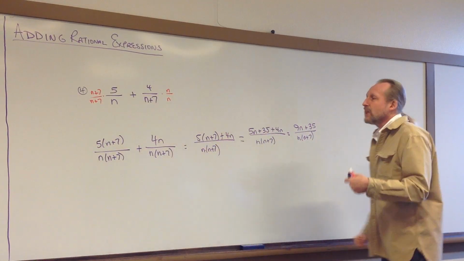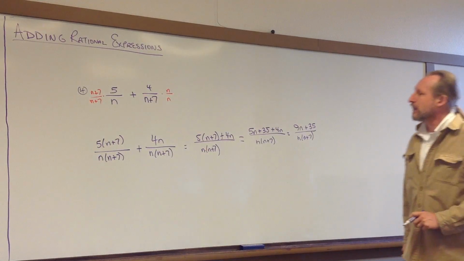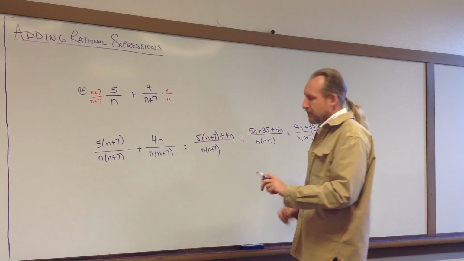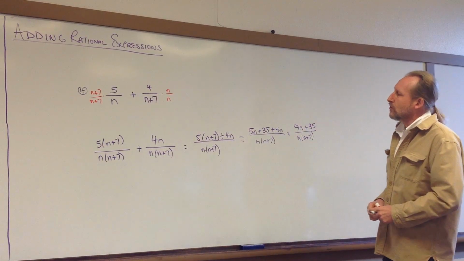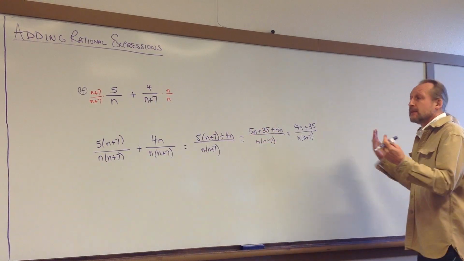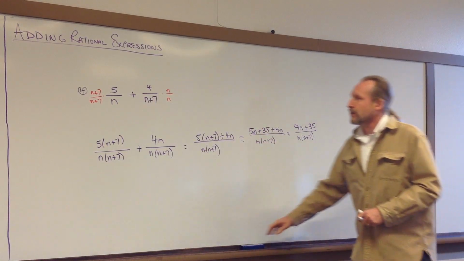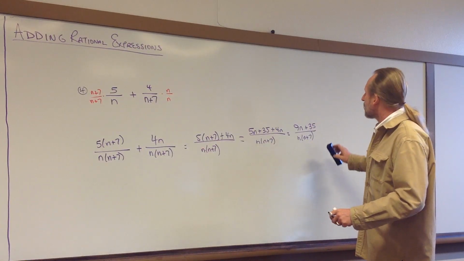If you feel like you want to cancel something out, think about it a little bit before you do that. Because I see people make this mistake frequently. They're so excited about canceling something out that they do it in situations where it shouldn't happen. It's not true.